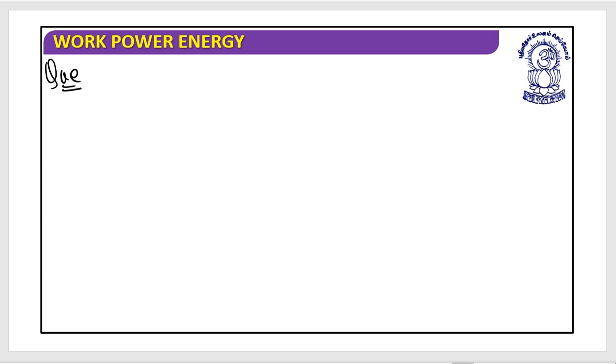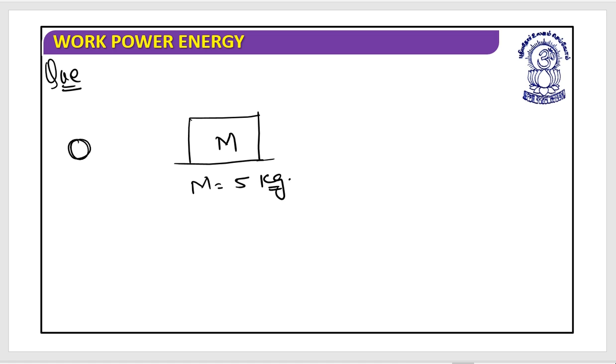Let's suppose we have one wooden block, and this block has mass M. This mass M is 5 kilogram. We have one bullet of mass, let's say, 100 gram, moving with a speed of 400 meter per second.